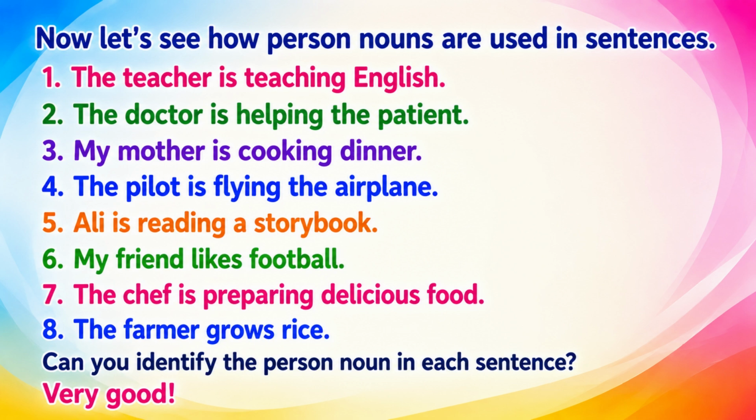The pilot is flying the airplane. Ali is reading a storybook. My friend likes football. The chef is preparing delicious food. The farmer grows rice. Can you identify the person noun in each sentence?